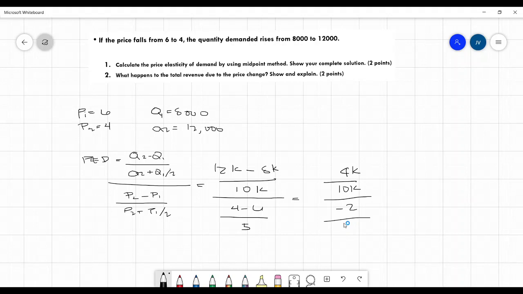And then during the exam, I will allow you to use a calculator, so you don't have to worry about the calculations. So 4,000 divided by 10,000, that's 0.4. And 2 divided by 5 is 0.4.